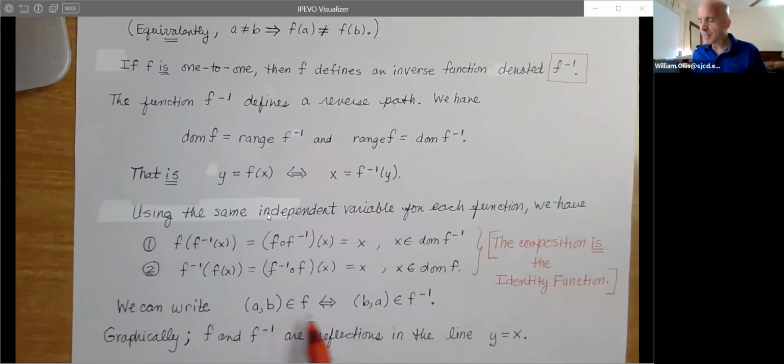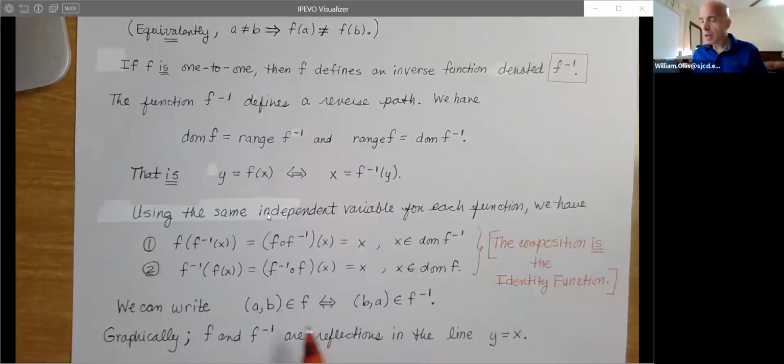If we think of it this way, that is, if A maps into B under f, if we turn it around to do the reverse path, B maps into A under f inverse. This is the reverse. So basically, if (A, B) is a point on the graph of f or an element of f, the flip of that, (B, A), is an element of the inverse function.